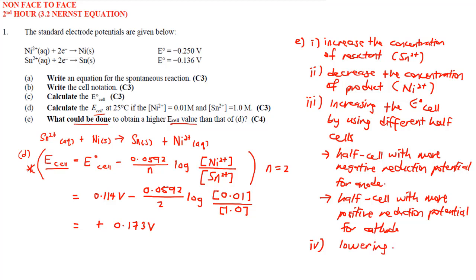Lowering the temperature. So if you see here, there are a few ways which we can do to increase the E cell value. Make sure you are clear which is our ion product, reactant, and then how to increase the value of E naught cell. We change the half cell so that our value is bigger.